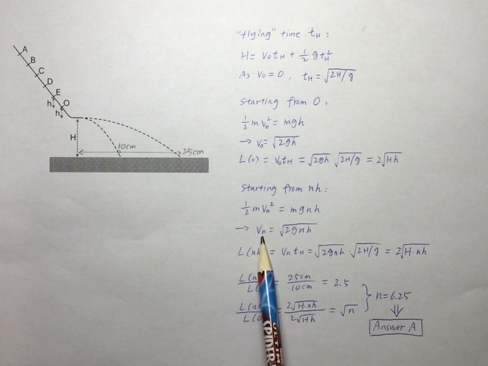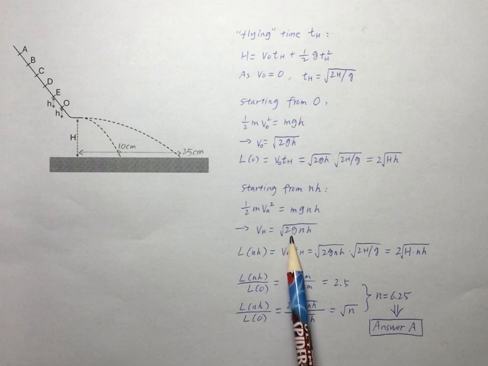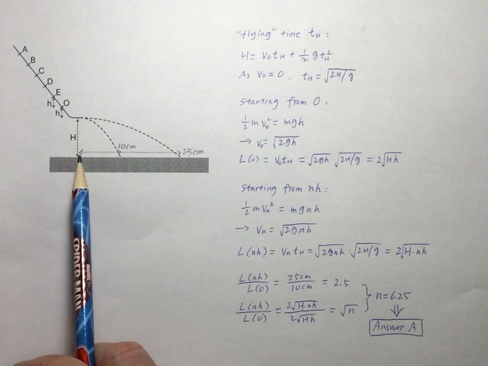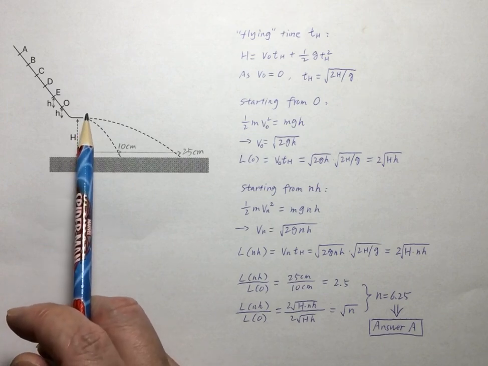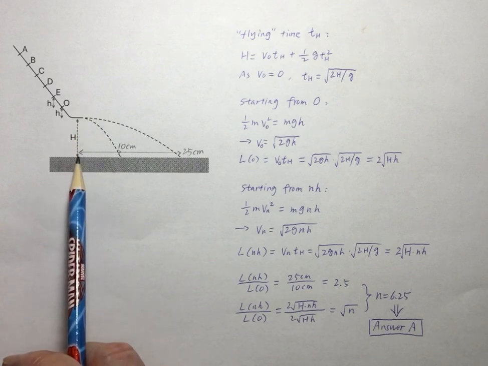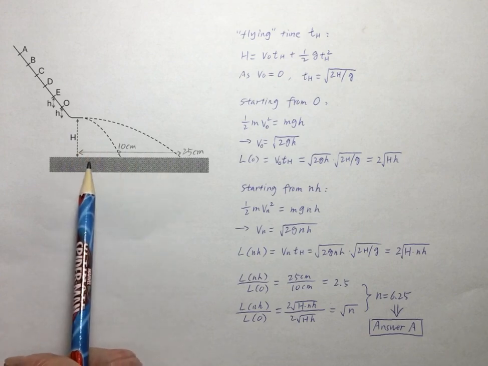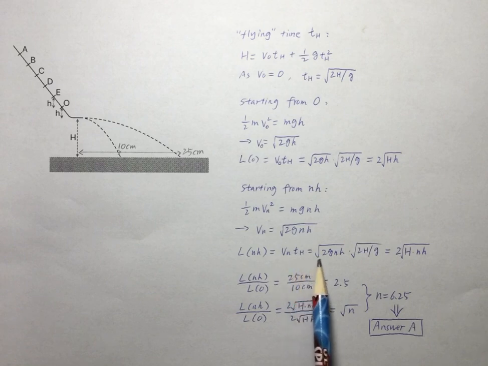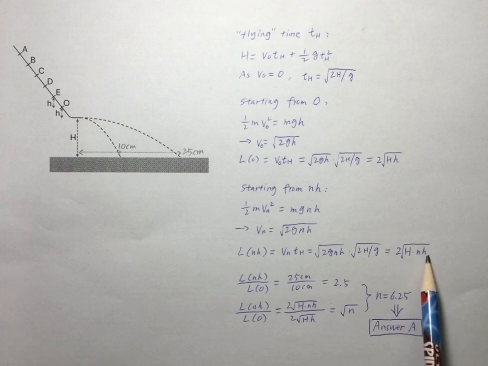So Vn will equal the square root of 2g Nh, and the horizontal traveling distance, which we define as LNh, becomes Vn times tH. That will give us 2 square root of capital H times Nh.